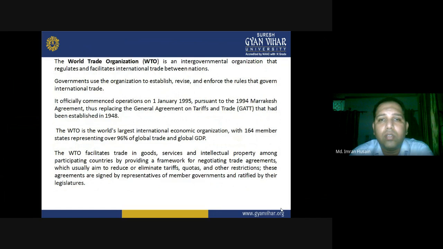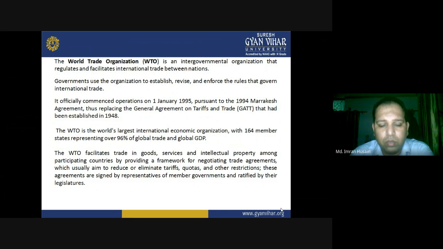The World Trade Organization is a non-governmental organization that regulates and facilitates international trade between nations. So this body operates between the governments, facilitating, developing and encouraging trade relations between the nations. Governments use the organization to establish, revise, and enforce the rules that govern international trade.